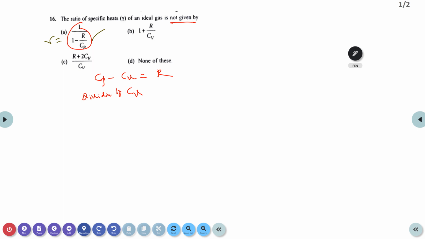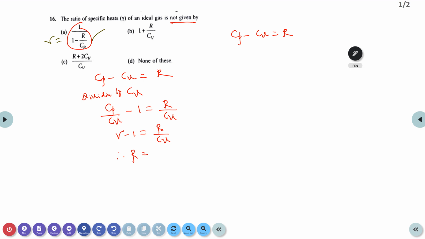Before that, 1 minute. Cp minus Cv equals R. Dividing by Cv, what will we get here? Cp divided by Cv minus 1 equals R divided by Cv. That is gamma minus 1 equals R divided by Cv.